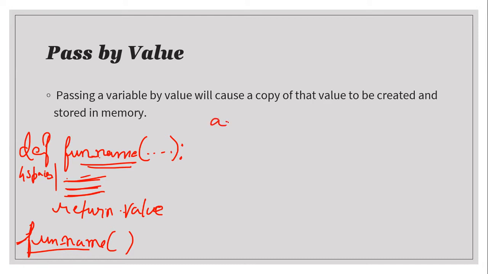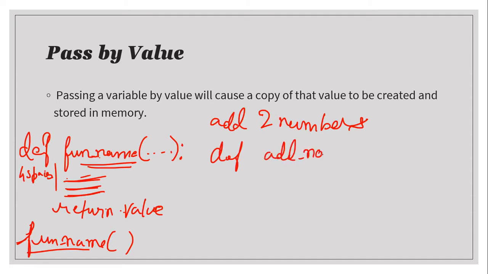So where we will use the function, let's take an example. We want to add 2 numbers. So define def add numbers. I need 2 numbers, so that's why I will declare 2 parameters, a, b.